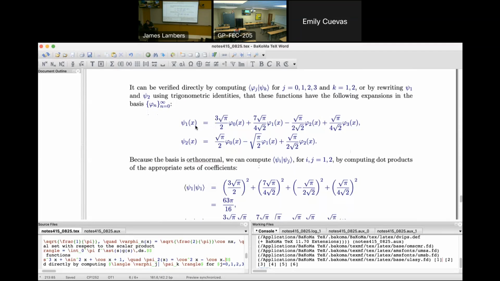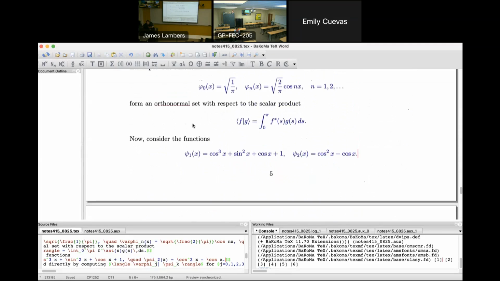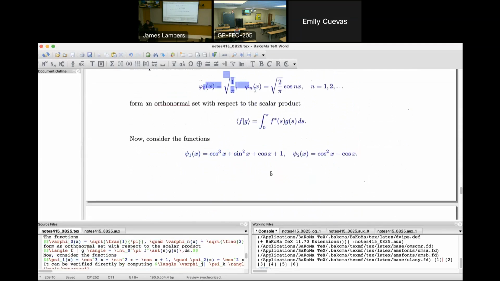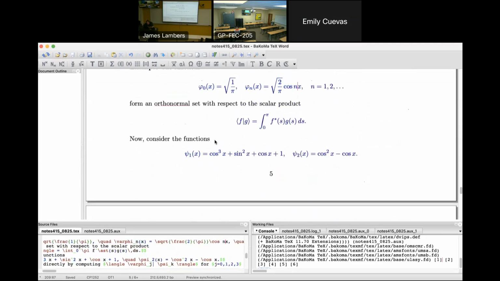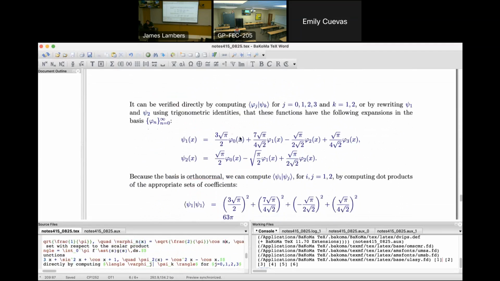It turns out that if I take the scalar product of psi 1 with each of these, then I can get the coefficients of this function in this basis. And these are what the coefficients turn out to be in the two cases.